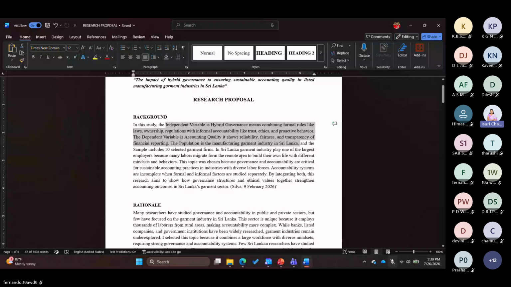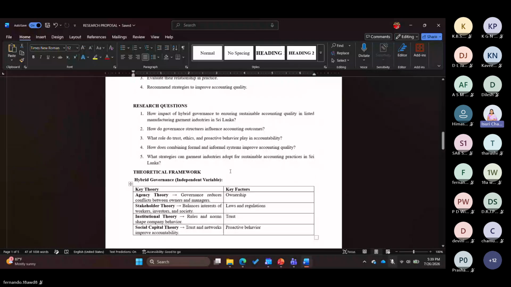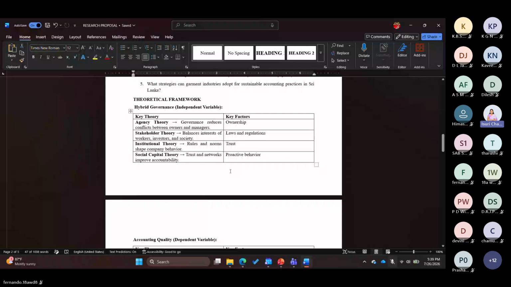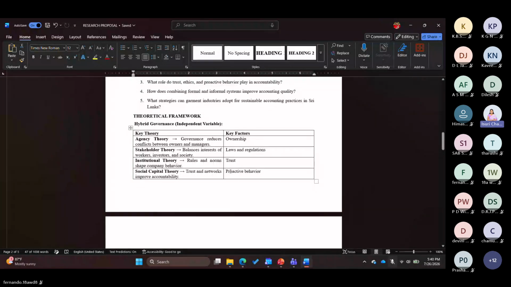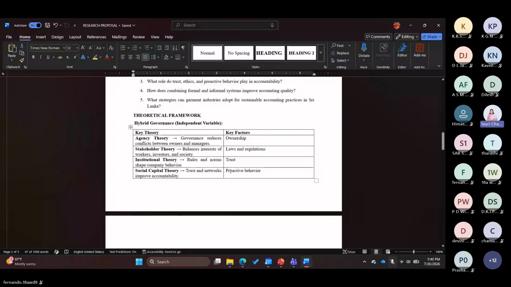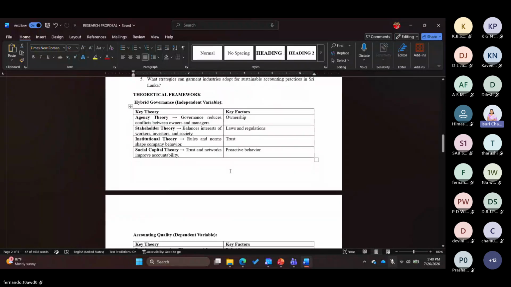Hybrid governance means the formal rules like laws, ownership, regulation with informal accountability. There are two things. No, that is ownership, laws and regulation, trust and proactive behavior. Are these things independent variables?